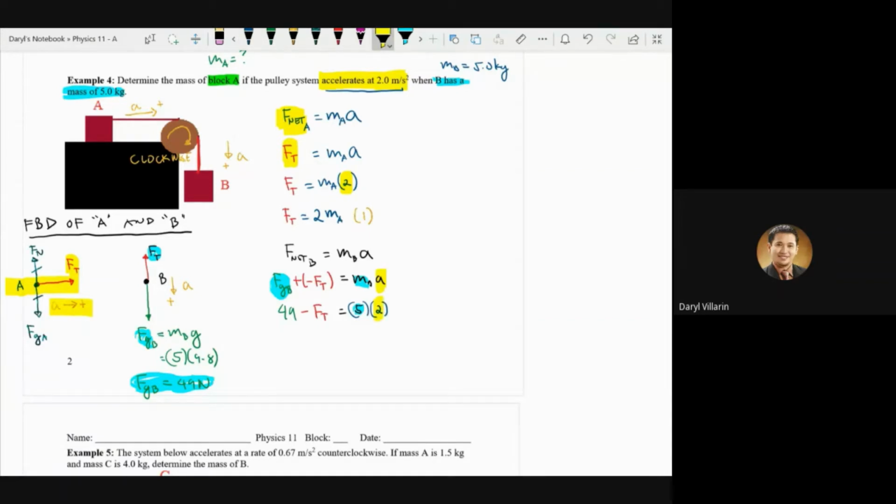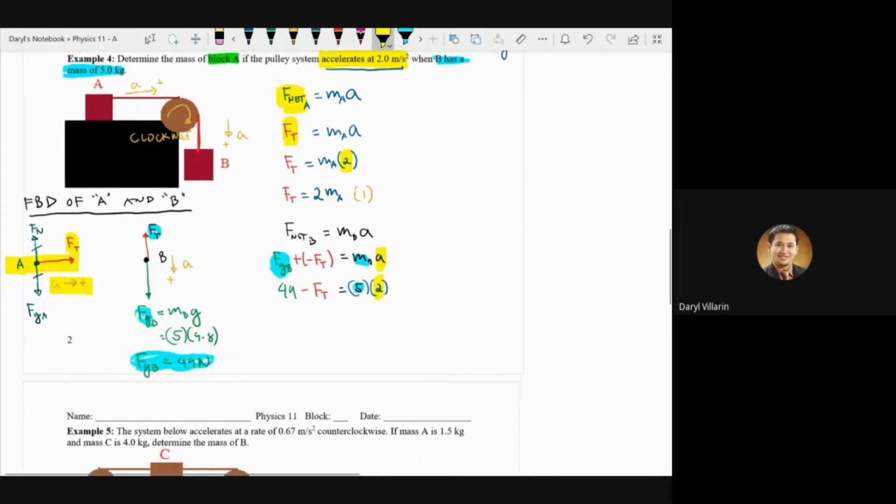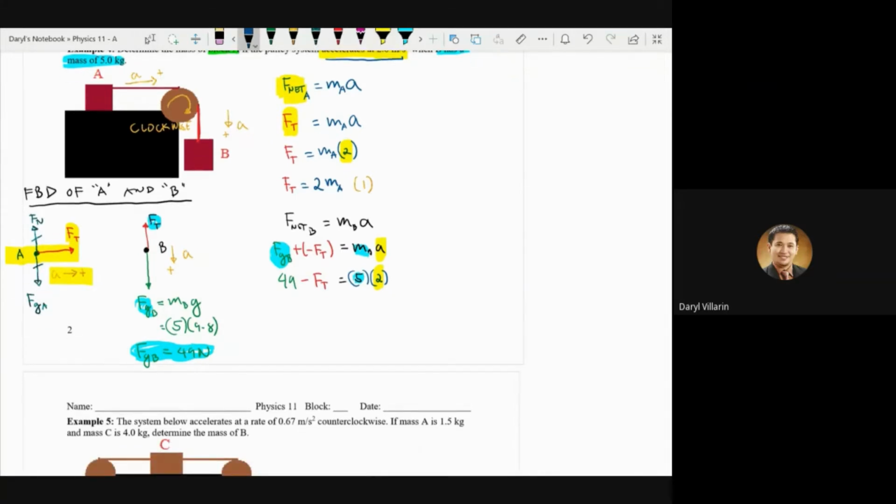So you have that value there. Okay. So I'm just going to combine any similar terms. So this is 49 minus Ft is equal to 10. So in this particular case, I can already solve for Ft.